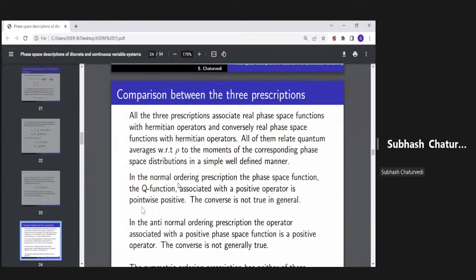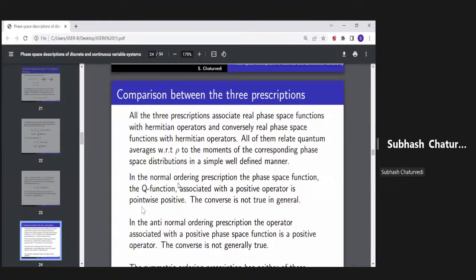All the three prescriptions associate real phase space functions with Hermitian operators, and conversely, Hermitian operators with real phase space functions. All of them relate quantum averages with respect to the density operator to the moments of the corresponding phase space distributions in a simple and well-defined manner.